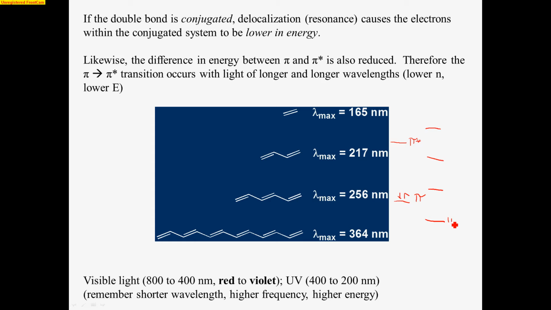We'll just call these pi 1, pi 2, pi 3, pi 4. And then you have four total electrons in this system.